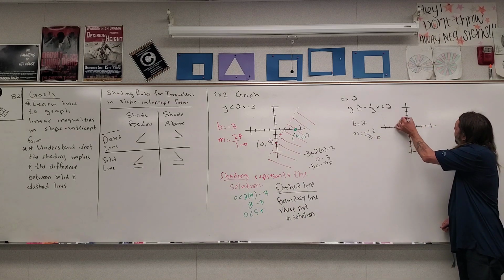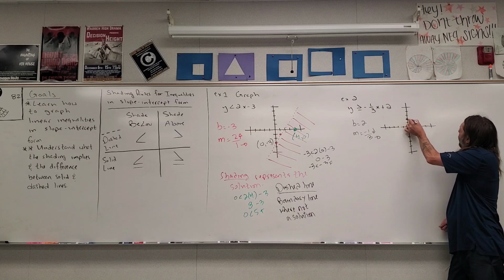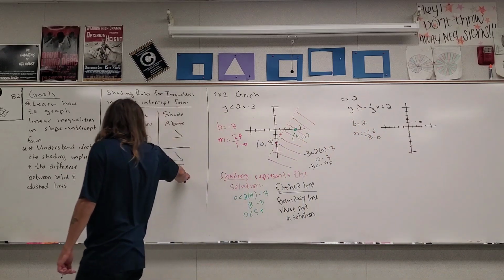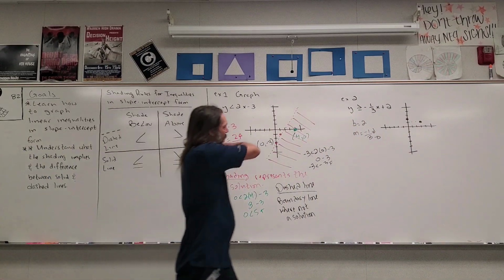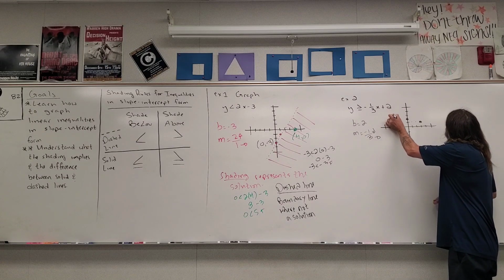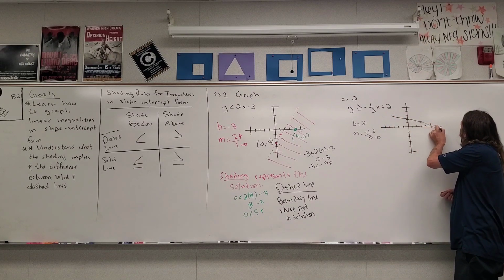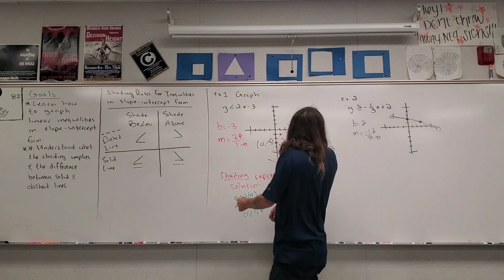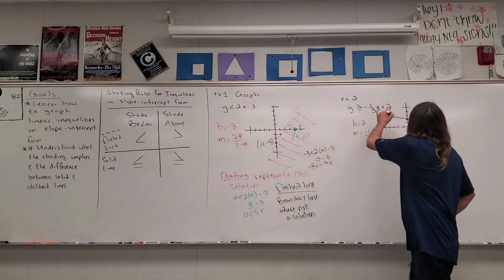So again, I begin at 2. I rise down 1 and I run 3. Now let's use our chart. I have that symbol, which means that I have a solid line. And I am going to shade above.